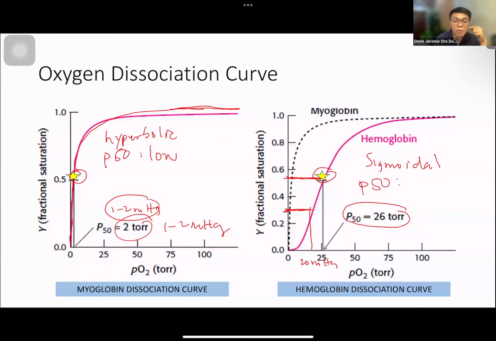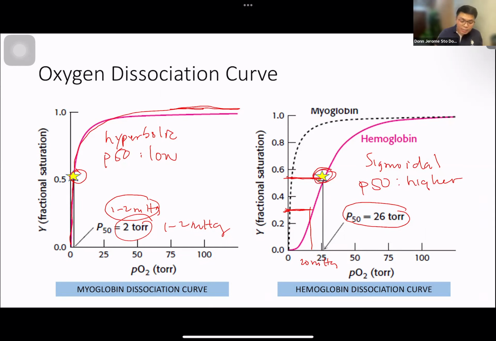P50 of your hemoglobin is said to be higher, at around 26 millimeter mercury, making hemoglobin efficient in transporting oxygen, because at around 26 millimeter mercury, it's able to release 50% of its oxygen. So that's the main difference.